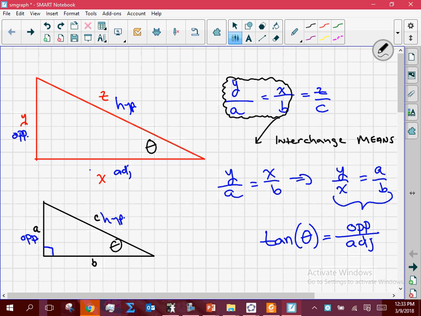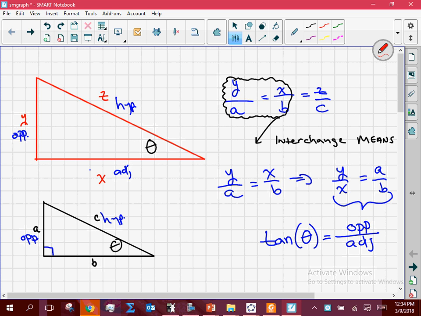T-A-N. There are so many links and comparisons, relationships that exist right now with what we're doing and what we're going to do later on in circles. So that tangent is going to come up again, and hopefully when we talk about circles, we'll be able to make the argument or the comparison of why in circles we talk about tangent as well. Okay, and all these things have a relationship back to circles.